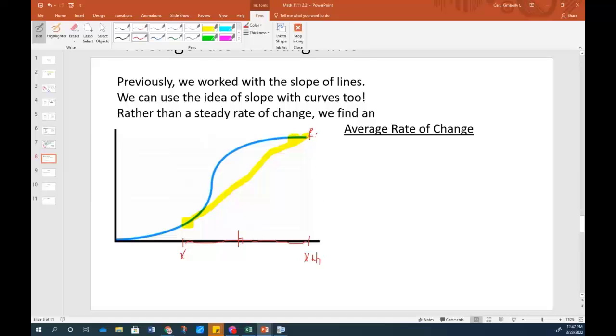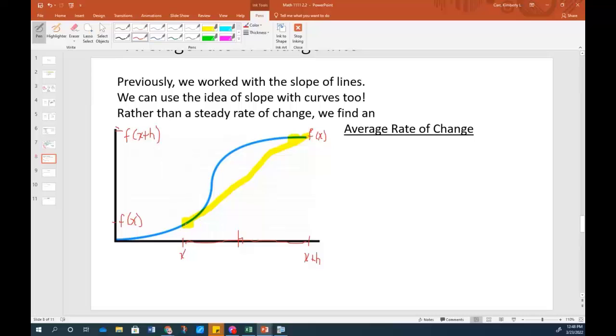Now, if this is my function, f of x, then the height of this very first x value I plugged in is f of x. And the height of the second one would be f of x plus h, because if I plug in x plus h, I get f of x plus h.